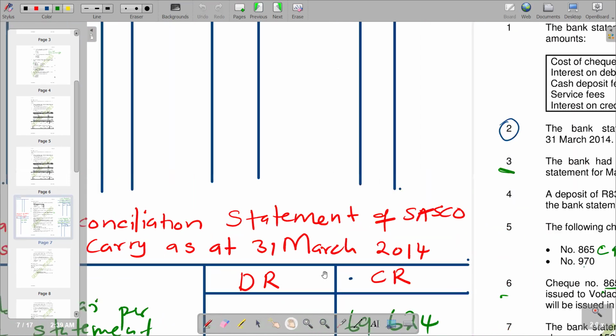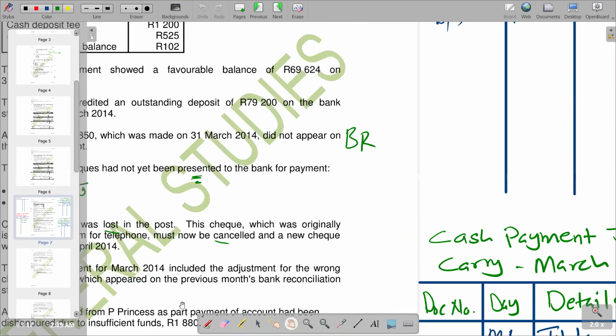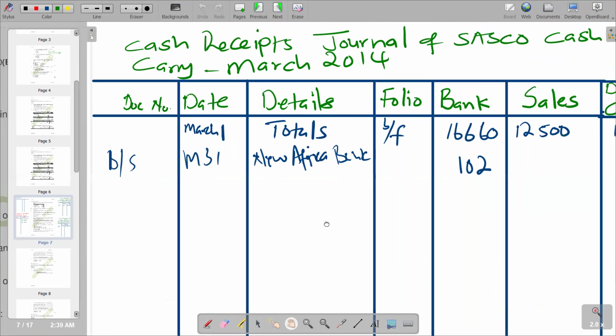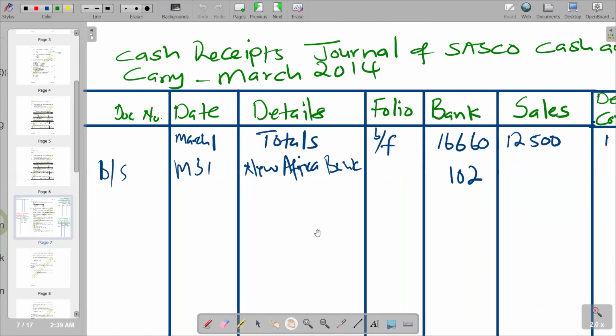So obviously, we go there, and this is our cash receipts journal. We are saying for the cash receipts journal, we have 18,300, and for the details, we can indicate that it's a check that has been cancelled. Check cancelled.